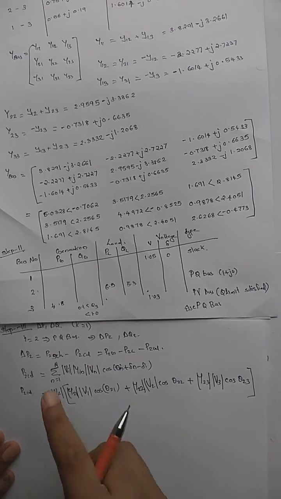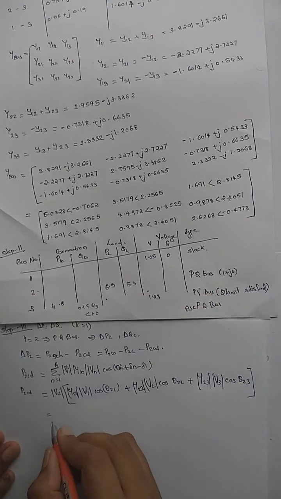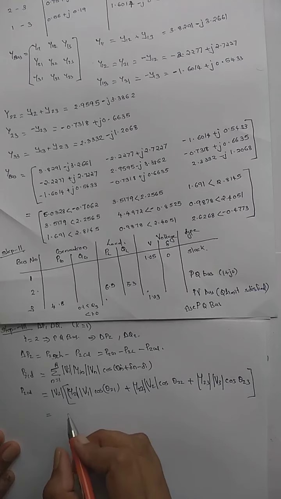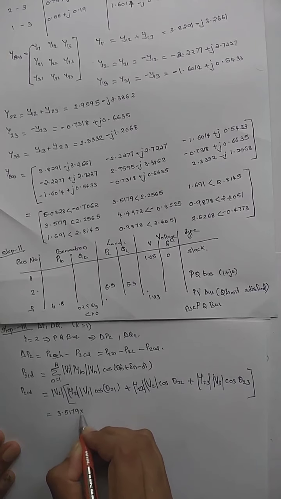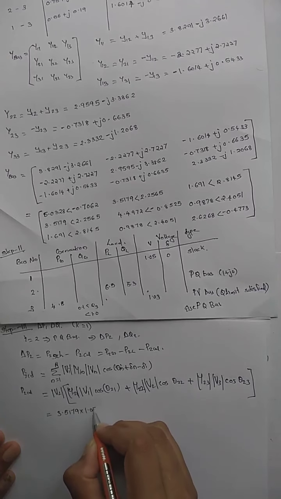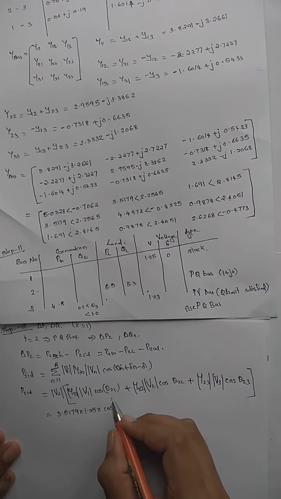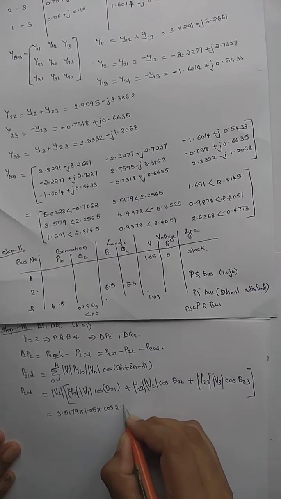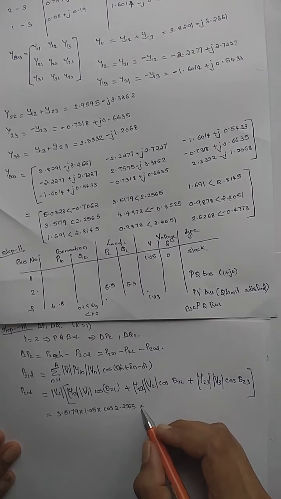So I am substituting my V2 value. No value is given, so I am taking it as 1. So then what is Y21? Y21 is 3.5179 into 1.05 into cos of theta 21. What is theta 21? 2.2565 plus what is Y22?